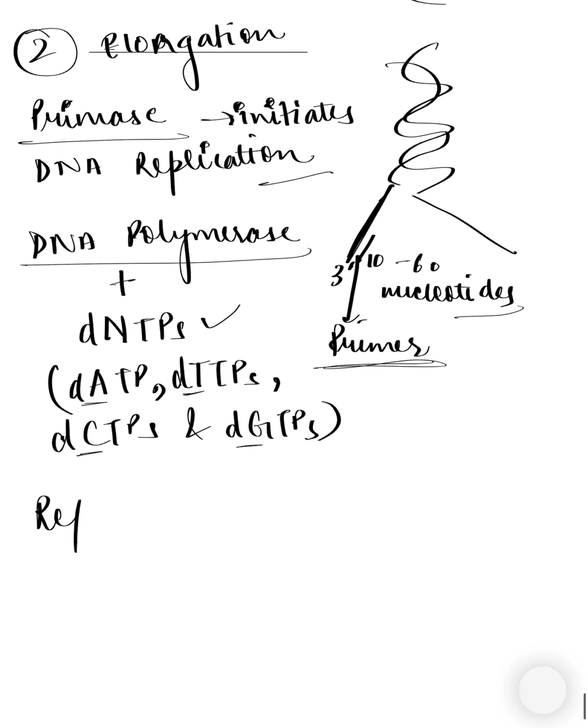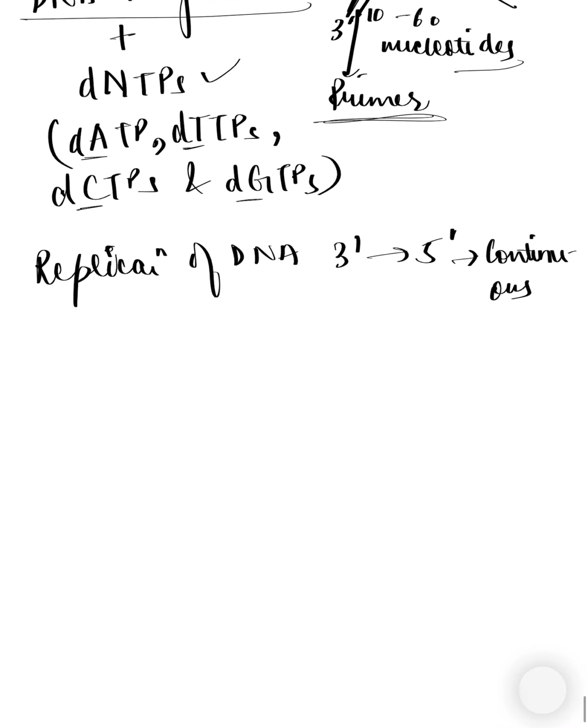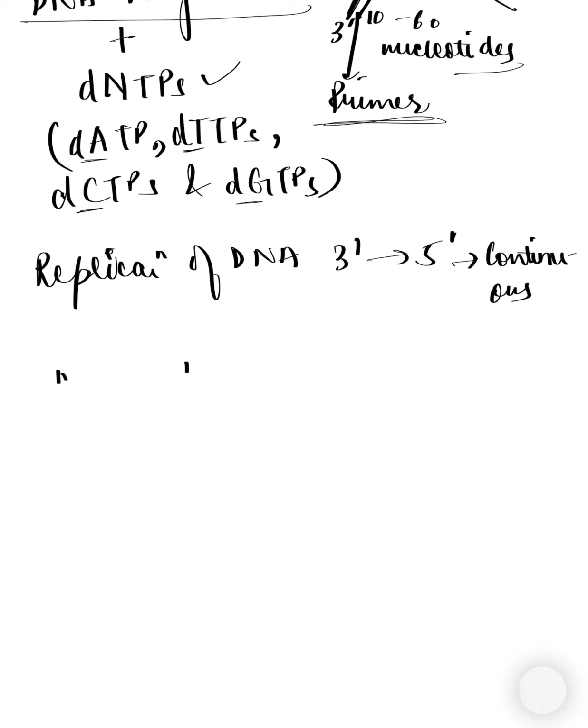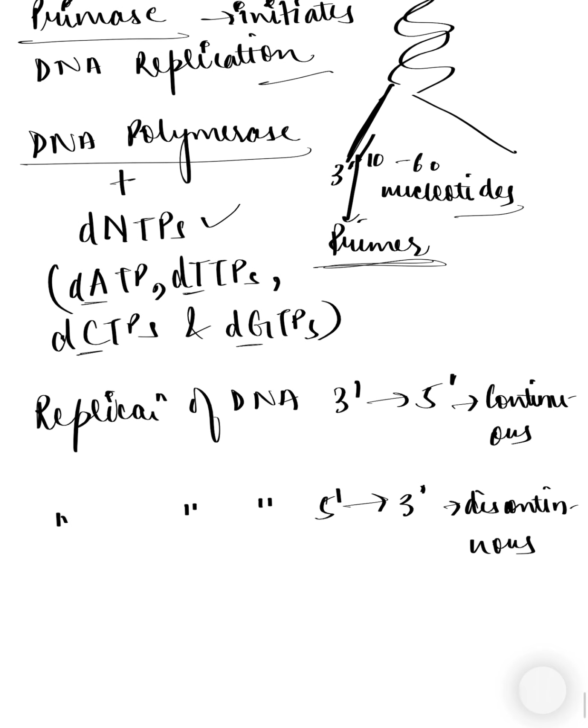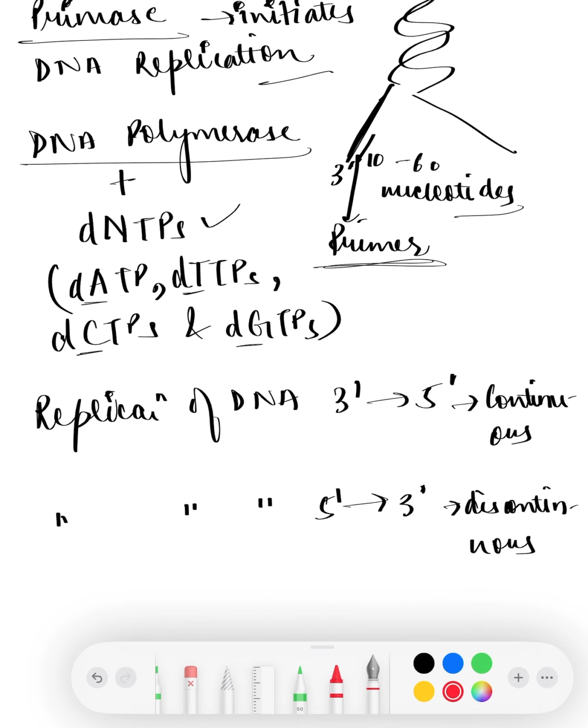So replication of DNA in this direction, in 3' to 5' direction, is continuous. It is continuous, and replication of DNA in 5' to 3' end is discontinuous. Now how is that? Let me talk about it in more detail.